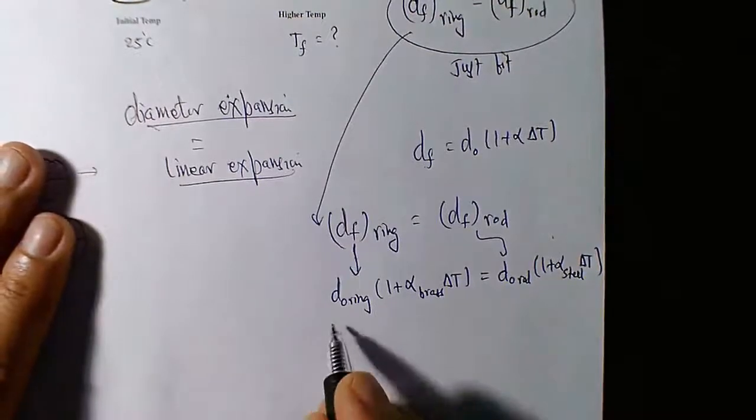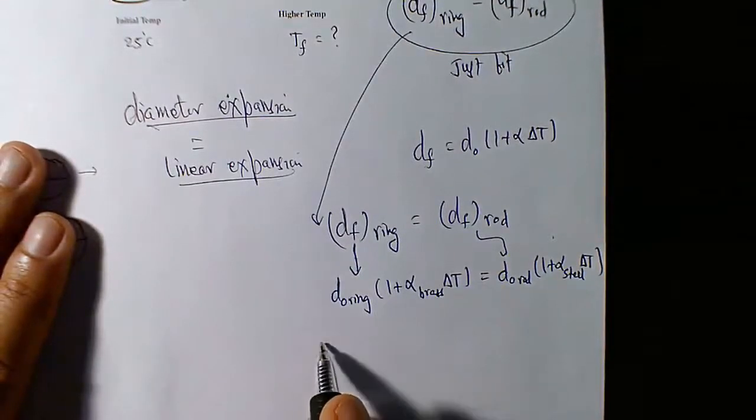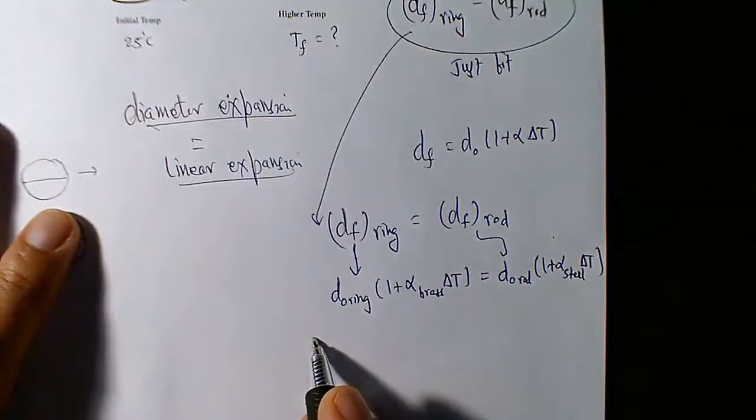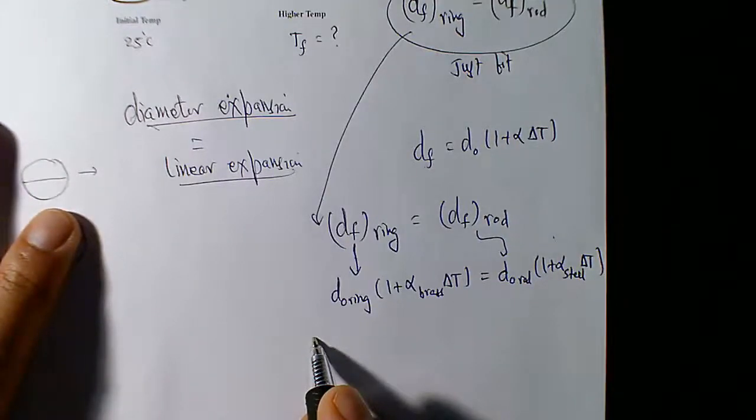So the initial diameter is, no, wrong, 2.9. Let's keep everything in centimeter.